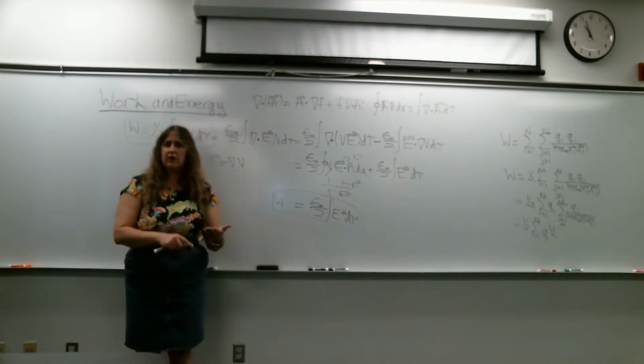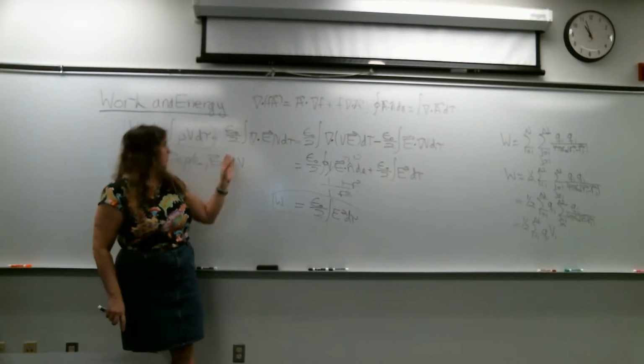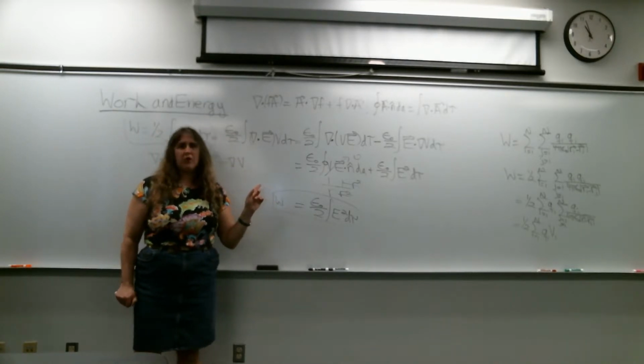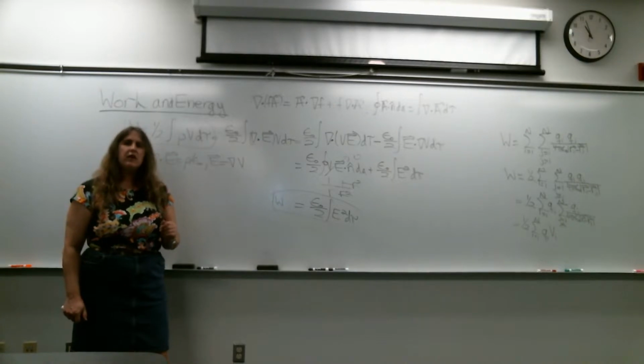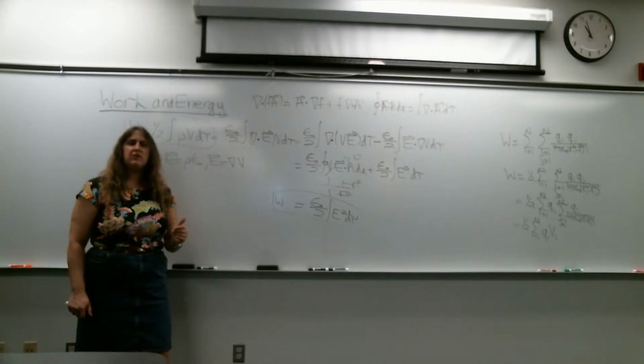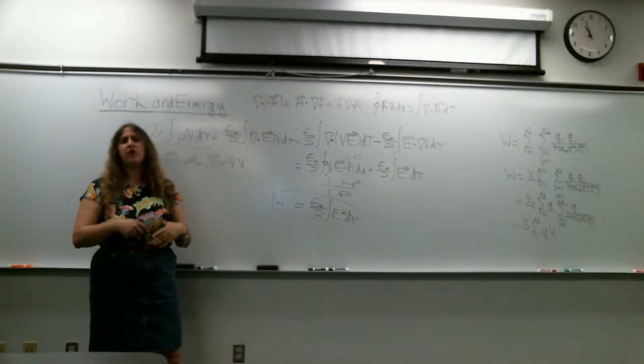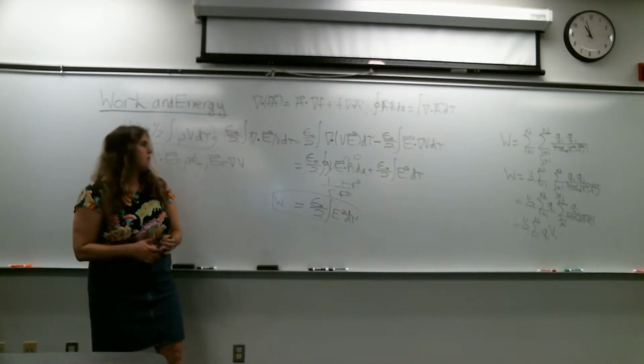Things like work, energy, and force. We've come up with two expressions here, and I'm going to evaluate this for, you guessed it, a uniformly charged conducting sphere. So let's calculate the work associated with that kind of system.